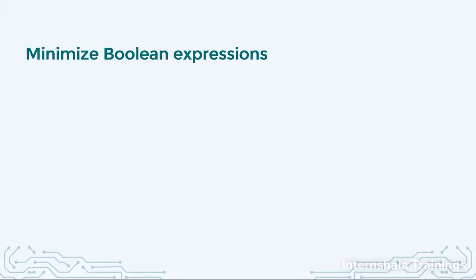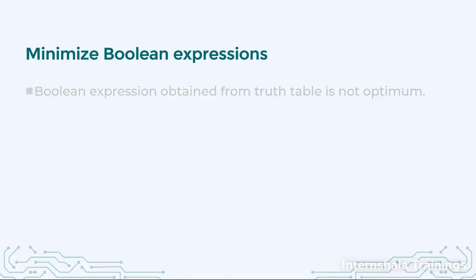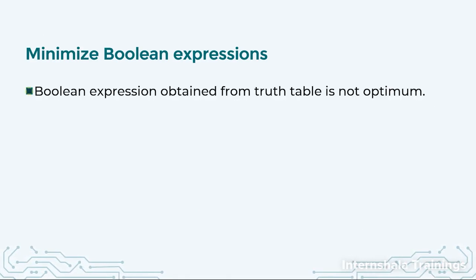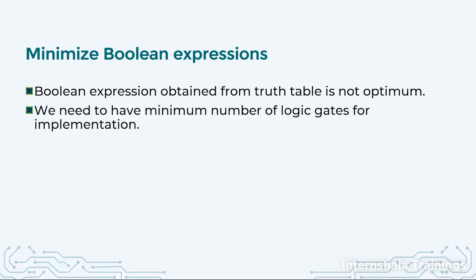The next is to minimize them. The Boolean expressions that we obtain directly from the truth table may not be optimum at all. What is the meaning of optimum? That means when we convert one expression into a gate diagram, how many logic gates are required? Our aim should be to use the minimum number of gates.